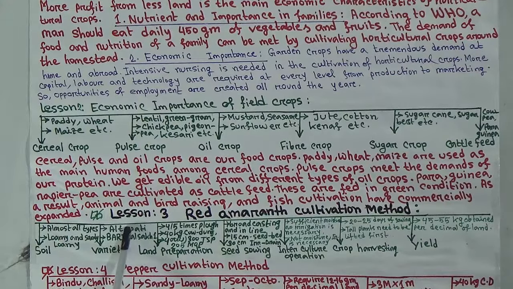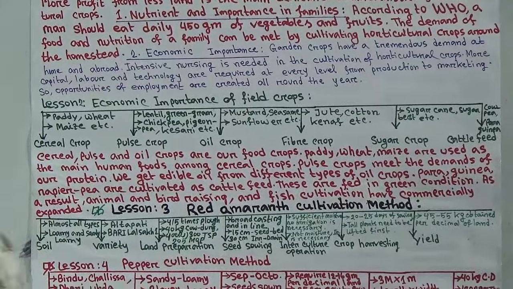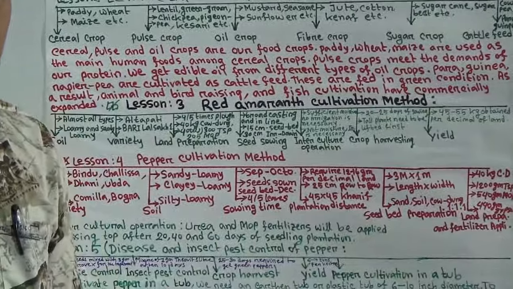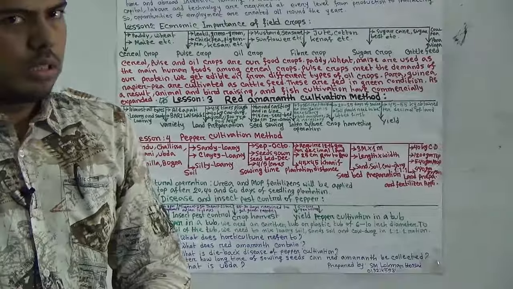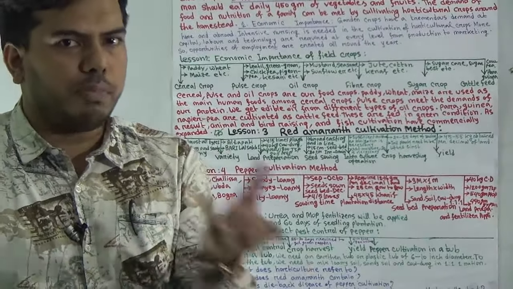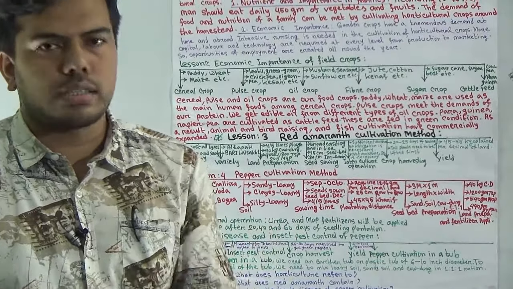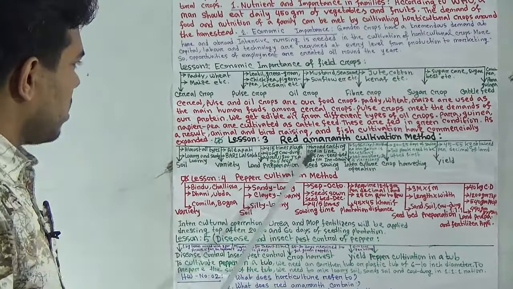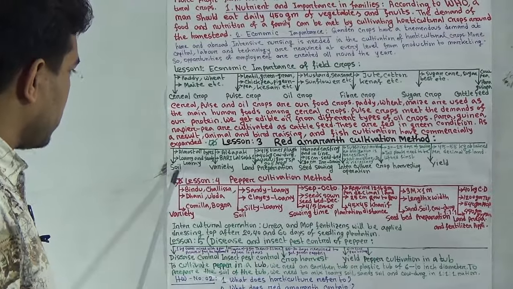Now go to next lesson, lesson 3. It has been discussed about how to cultivate pepper. There are very few people who don't have a wish to get a pepper in their light food or snacks. So this method has been discussed here.